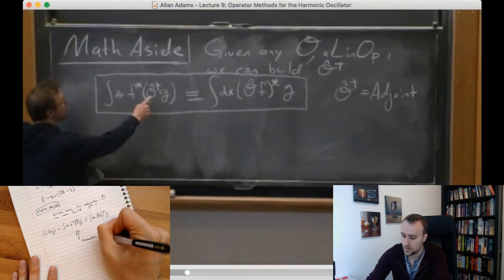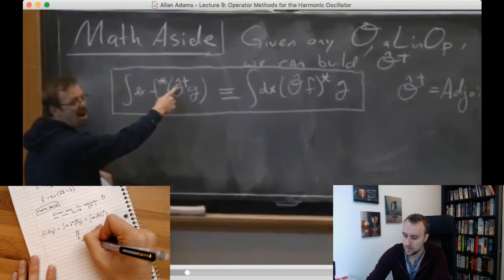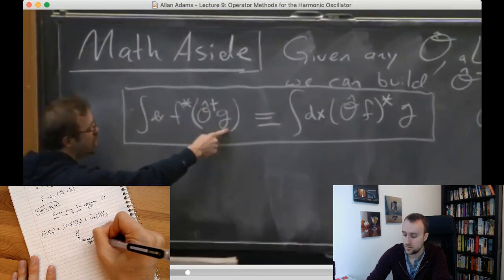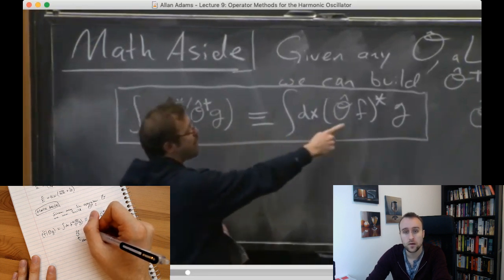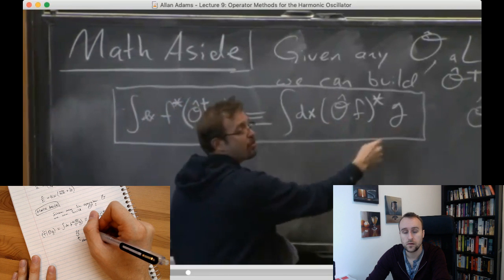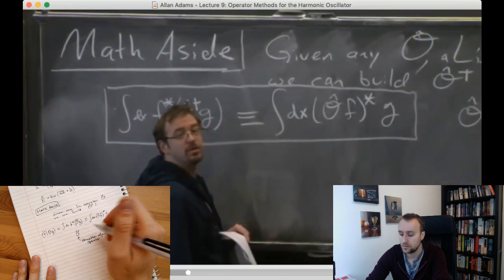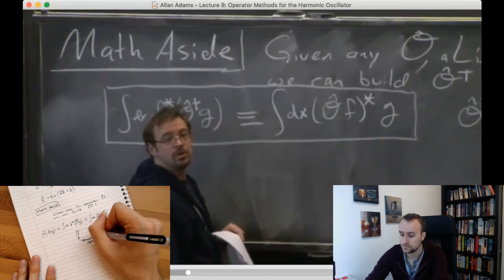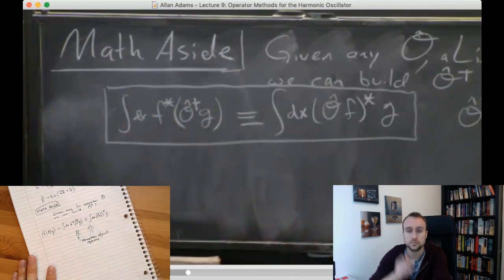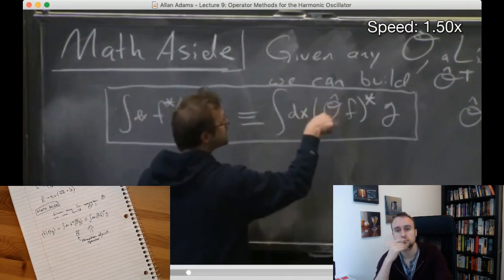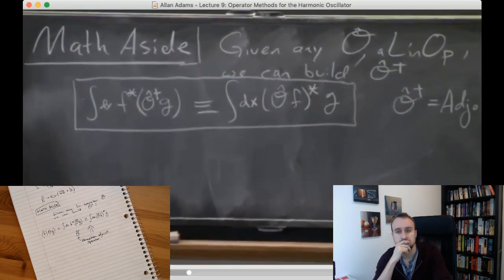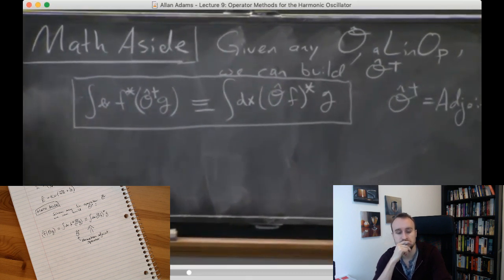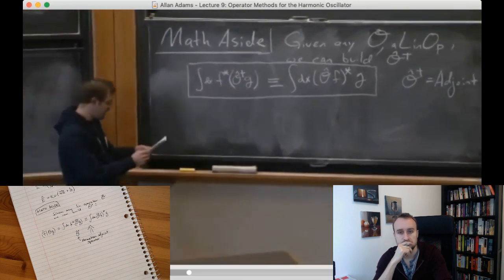This means that whatever O dagger is, it's that operator that when acting on g and then taking the inner product with f gives me the same answer as taking my original operator and acting on f and taking the inner product with g. Cool? So if we know what our operator O is, the challenge now is to figure out what this O dagger operator must be such that this expression is true. That's going to be my definition of the adjoint. So I'm going to do a bunch of examples and walk through this.